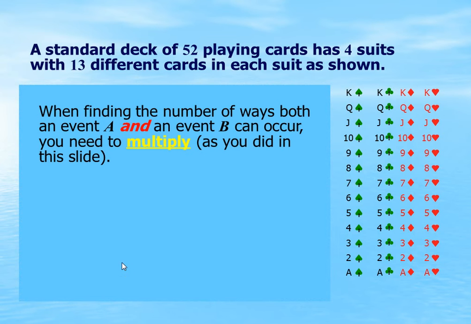Now, a key to these questions is specific words that are going to be inside of them. If we're talking about events, and 2 events have to happen, so event A and event B have to happen, then this is a multiplication problem. If they both have to happen, the probability is going down, so we have to multiply those 2.